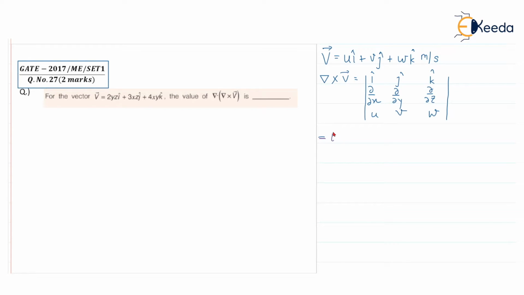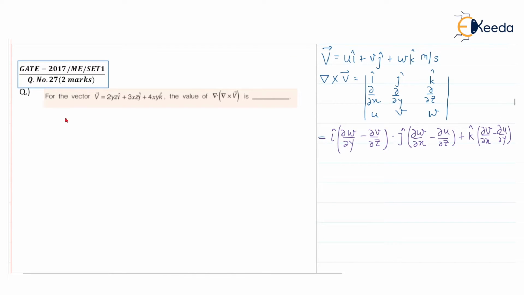First we write i cap into dou w by dou y minus dou v by dou z, minus j cap into dou w by dou x minus dou u by dou z, plus k cap into dou v by dou x minus dou u by dou y.